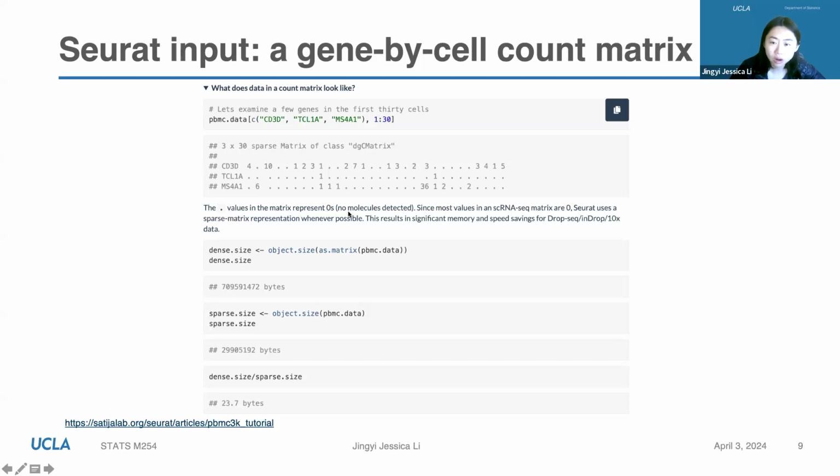When the zeros are the majority, a sparse matrix will be much smaller than a dense matrix. So this compares the size when you convert this sparse matrix back to a dense matrix, and the size of the sparse matrix. It's 24-fold more. So that's why it's good to know that in R, you have the sparse matrix format to use.